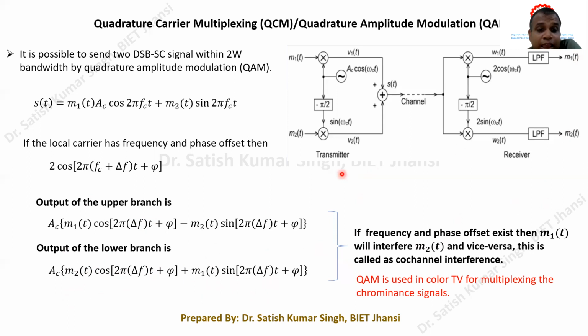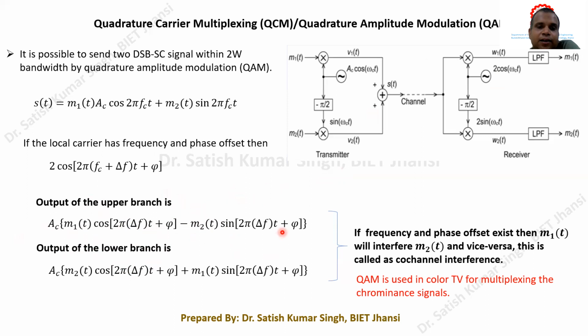But suppose this is not the case. If either Δf exists or φ exists or both exist, then obviously the output will be given by this equation. It means that the output at the upper branch not only contains the desired output m1(t), but also a certain part of message m2(t), related by this particular equation.